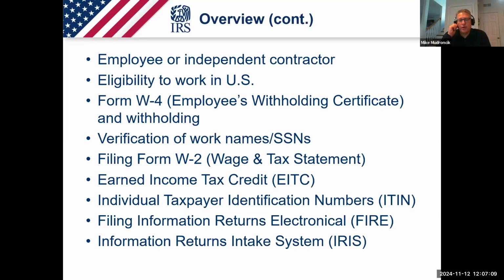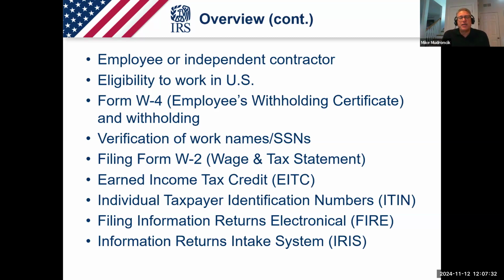We'll identify for you as the employer how you can verify names and Social Security numbers of individuals who are coming to you to work as employees. We'll also identify and help you understand your responsibilities as an employer in filing Form W-2, which is a wage and tax statement.